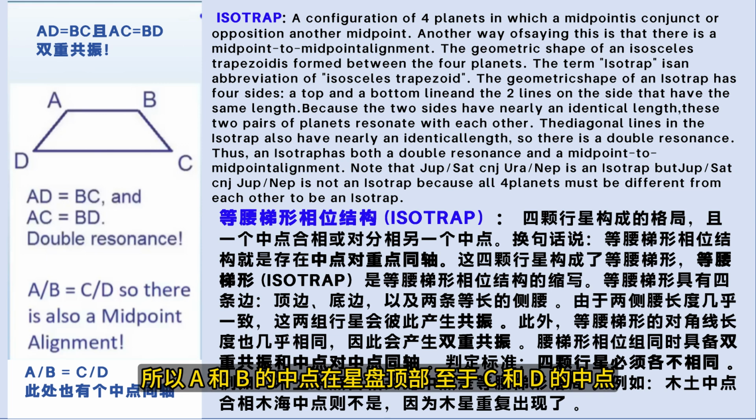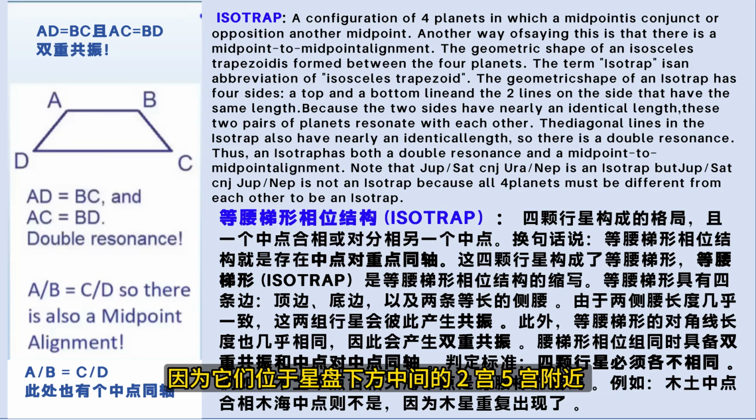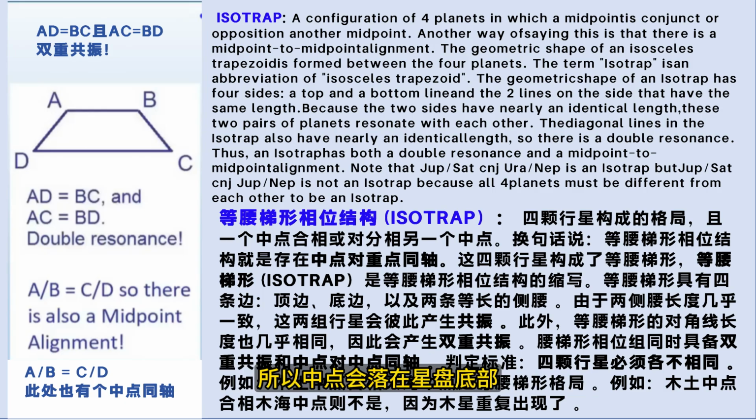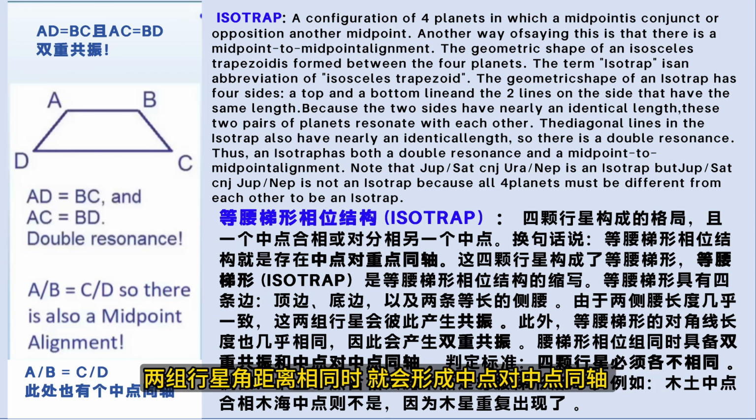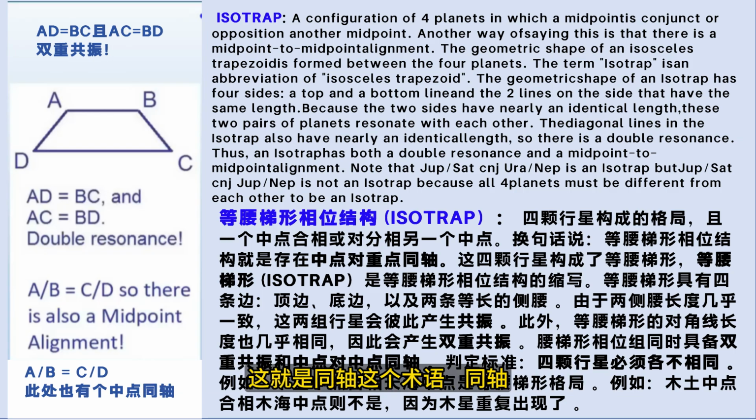Where's the midpoint of C and D? Well, C and D are down near the 2nd and 5th house, below the middle of the chart. They're at the bottom of the chart. So the midpoint of C and D would be opposition the midpoint of A and B. I mean, it's obvious. What we're assuming here is that this side, BC, the length from planet C to planet B, is the same as the length between planets A and D. So when these 2 lengths are the same, when you have 2 pairs of planets that are separated by the same angular distance, you will also have a midpoint to midpoint alignment.